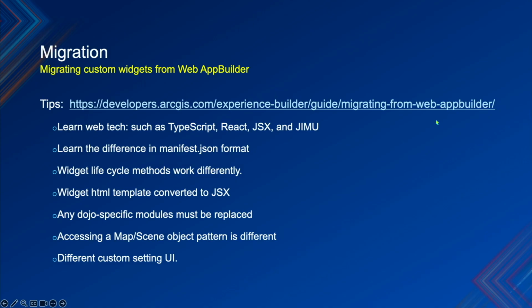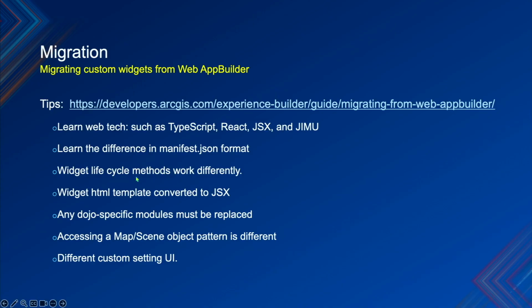First, you are recommended to learn TypeScript, React, JSX, and the JMU library. Both Web AppBuilder and Experience Builder have a manifest JSON for the widget, but the format in these two products is slightly different, so you need to update as appropriate.